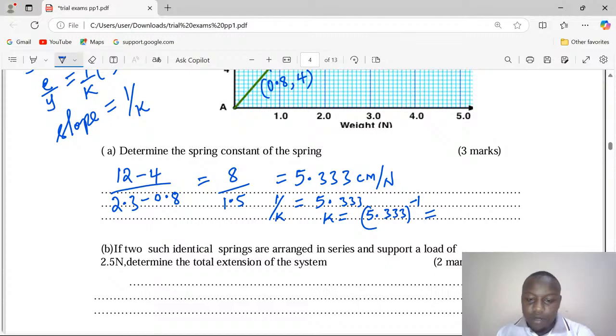When we take the reciprocal, we get 0.1875, and these are newtons per centimeter.